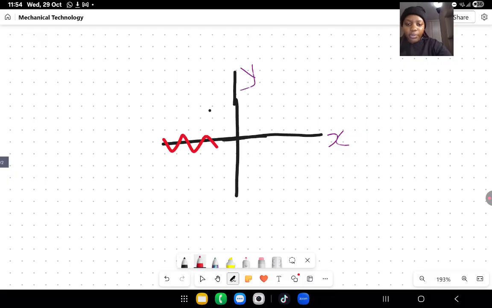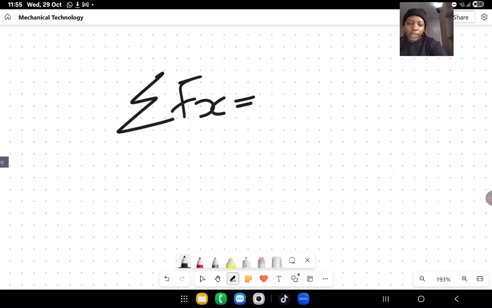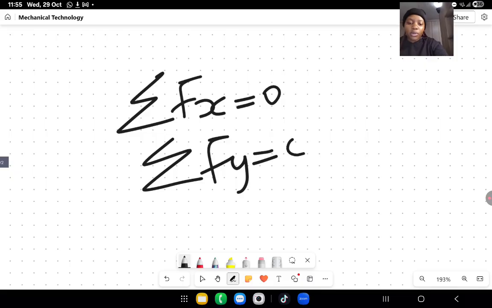Your horizontal components are your x's, and your vertical components are your y. What you have to know about these conditions is that the sum of the horizontal components must be equal to 0, and the sum of vertical components must be equal to 0. That's what you need to know.